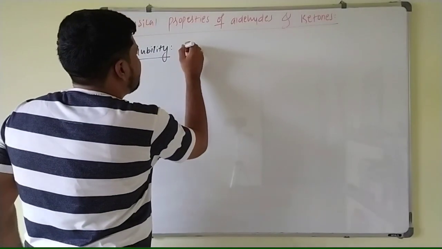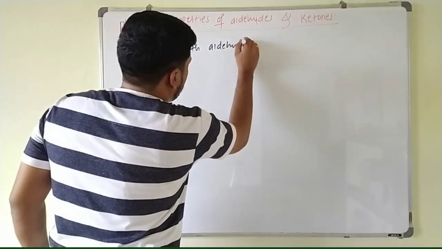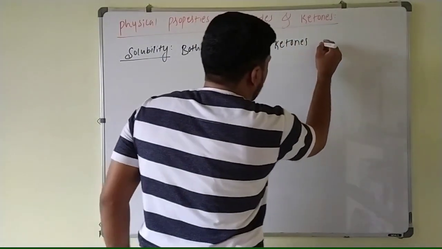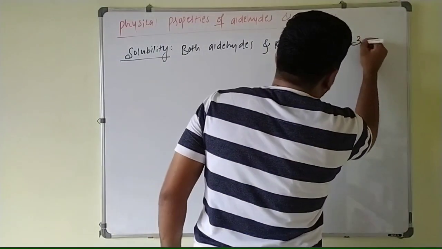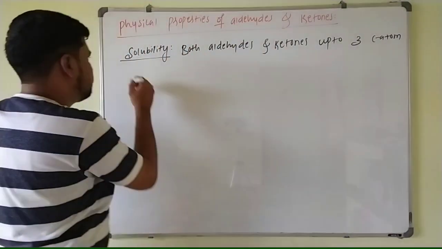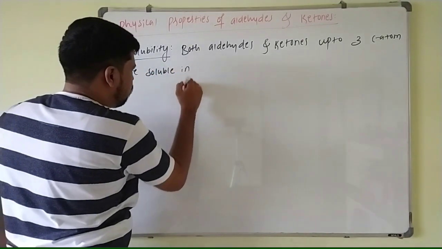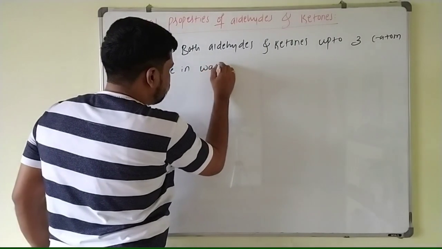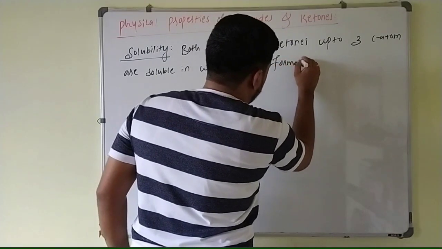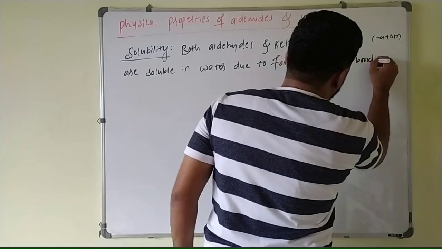So both aldehydes and ketones up to 3 carbon atoms are soluble in water due to formation of hydrogen bonding.